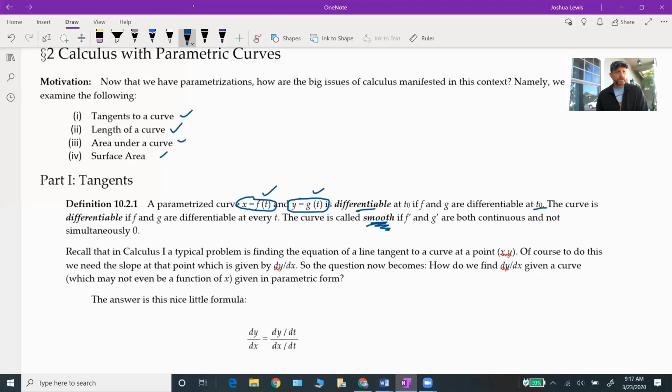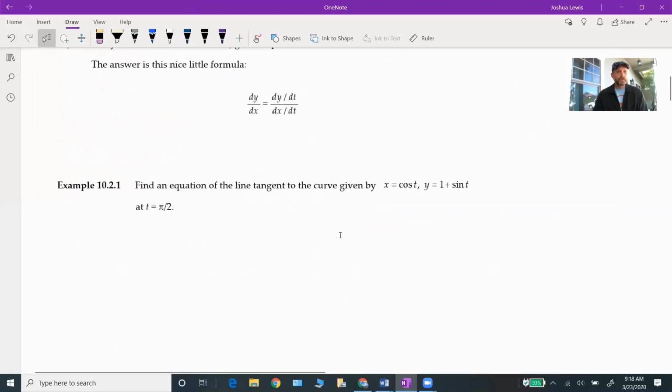Recall that in a Calculus 1 course, a typical problem is finding the equation of a line tangent to a curve. To do this, we need the slope, dy/dx. But here's the problem: how do we find dy/dx, especially given that y might not even be a function of x when the curve is given in parametric form? Well, we have this nice little formula: dy/dx equals dy/dt over dx/dt.